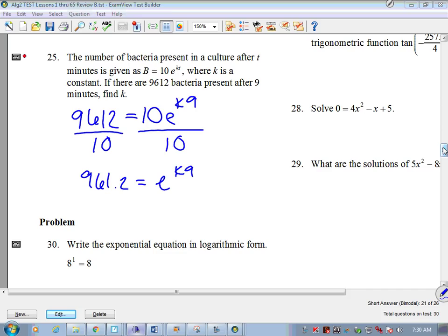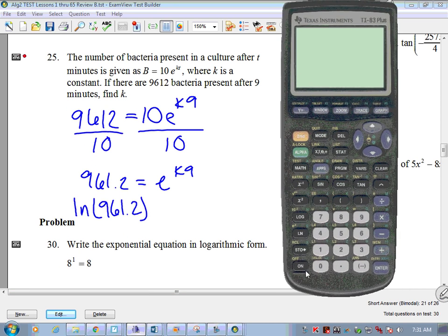At this point, I believe what we want to do is find the natural log, ln, of 961.2. Hopefully I'm correct in this. Okay, let's clear this out. Natural log of 961.2, we'll get 6.86818.